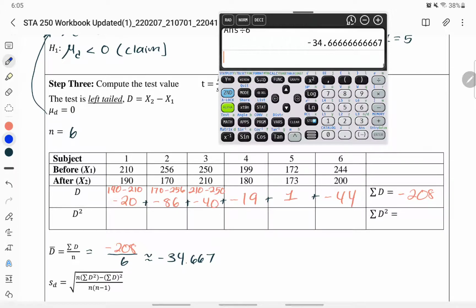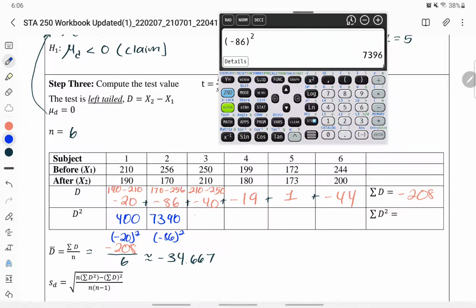Now we need to find D squared. So we're going to square all of these values. And remember, when you square a negative number, it comes out as positive. For example, when you square negative 20, we get positive 400. When you square negative 86, it's going to come out as positive 7396.